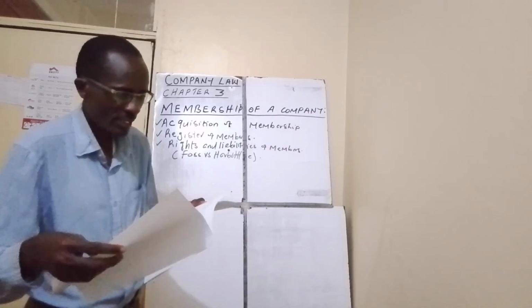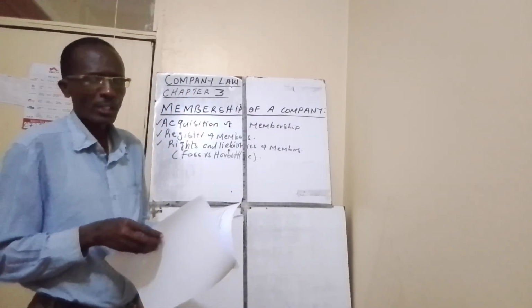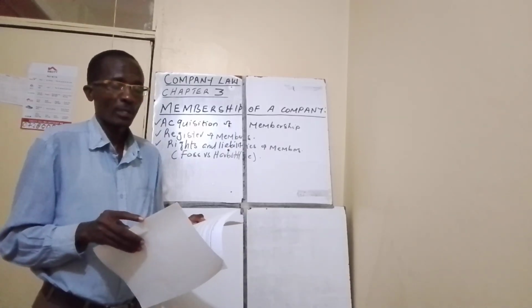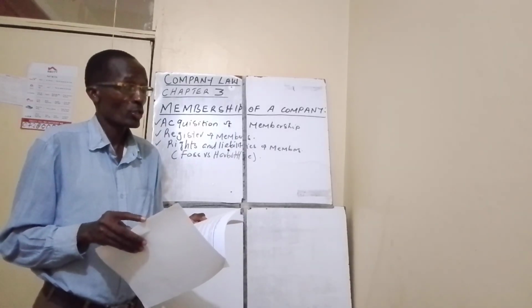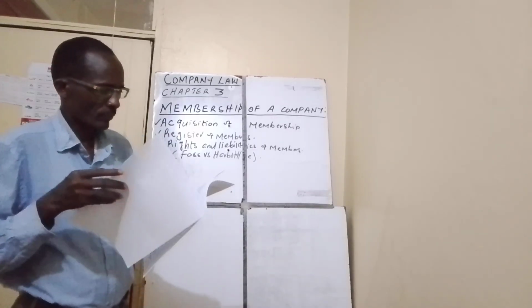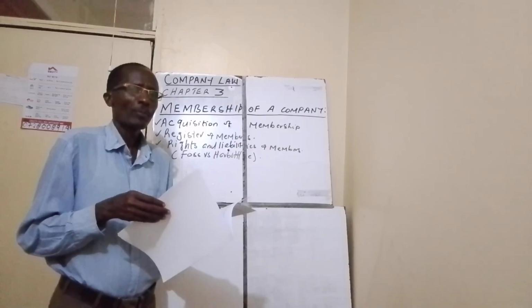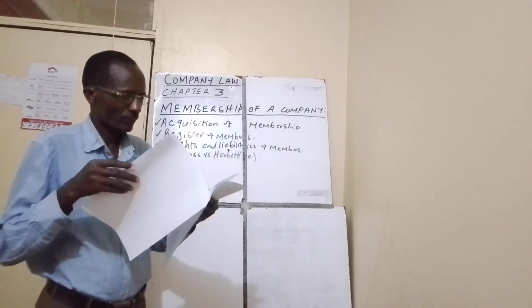Number 7, takeover bid. We did takeover bid last time in chapter 2, that is lifting the veil of incorporation. We gave the case study in Bango Press. So in case of takeover bid, how do we protect the minority interests?